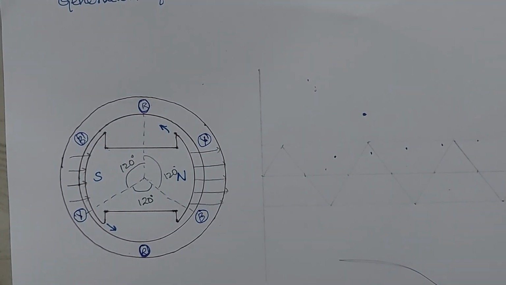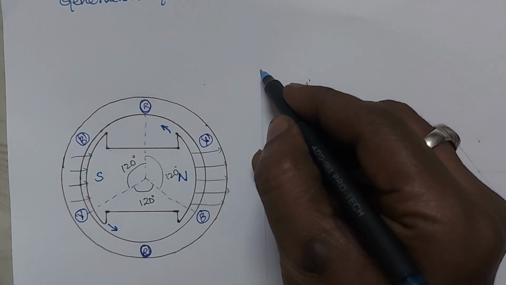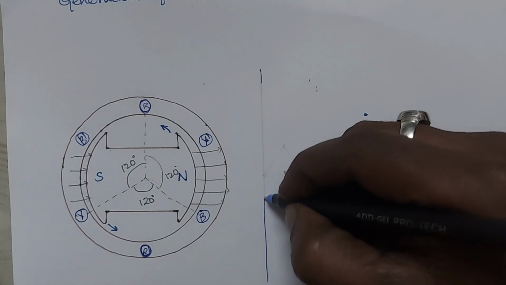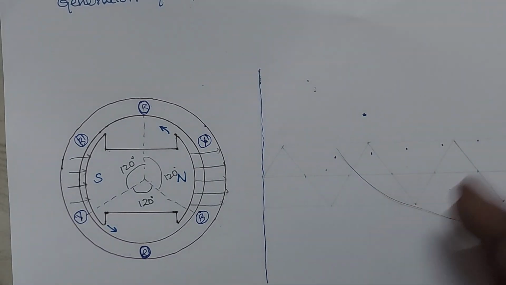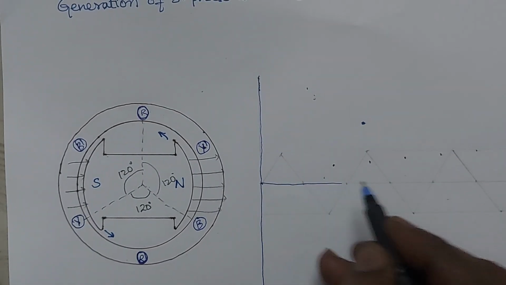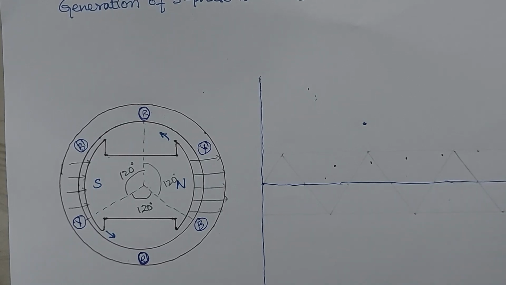Now I am showing the waveform here. This is the y axis. Similarly, I am tracing out the three-phase AC voltages now. This is the graph I am showing.